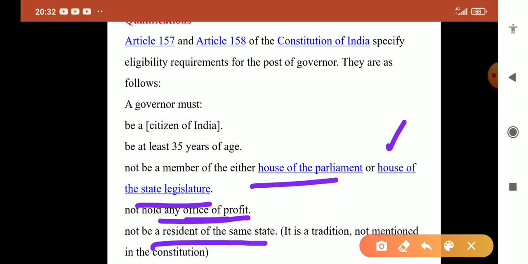It is tradition, not mentioned in the constitution, so normally governors are from other states.